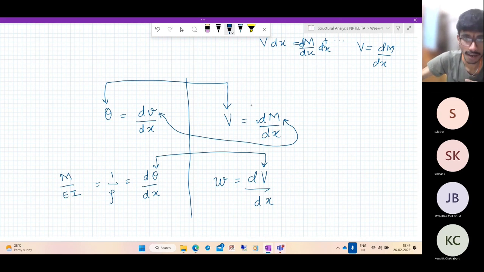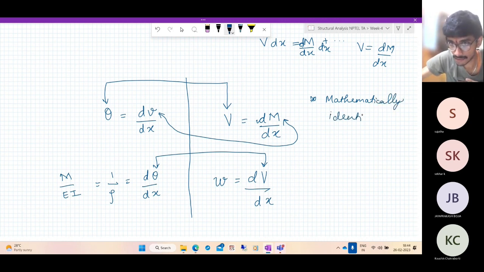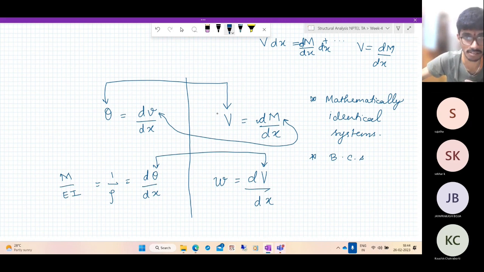So they are mathematically identical systems. But the boundary conditions are different, because a boundary condition on displacement cannot be the same as a boundary condition on moment.